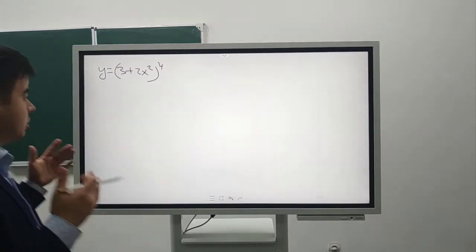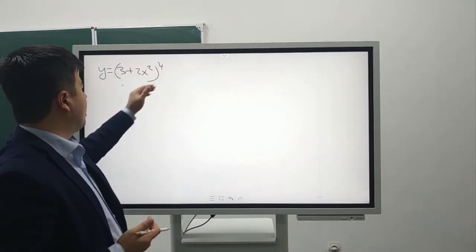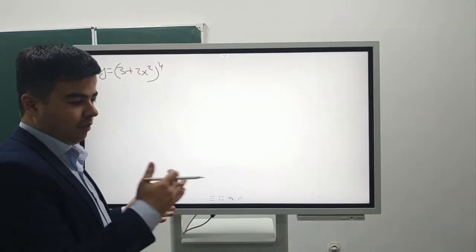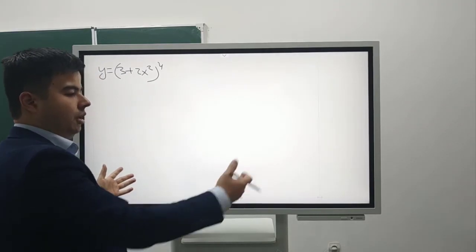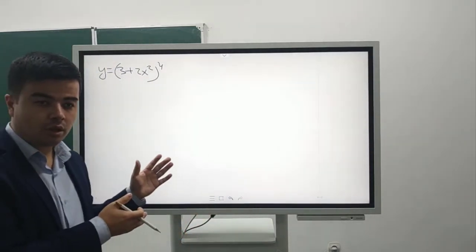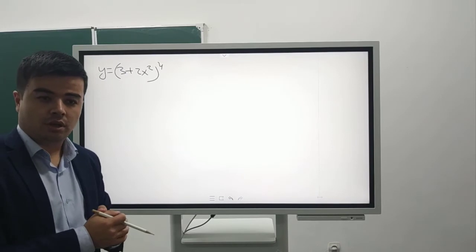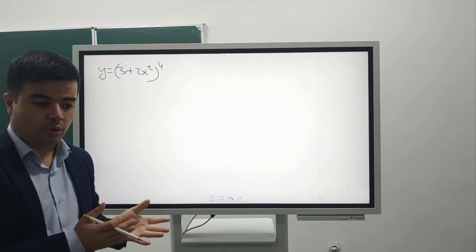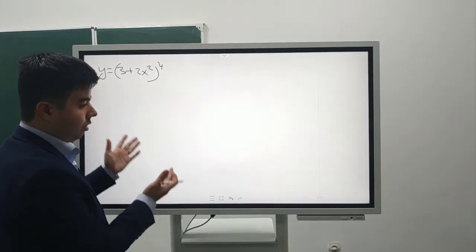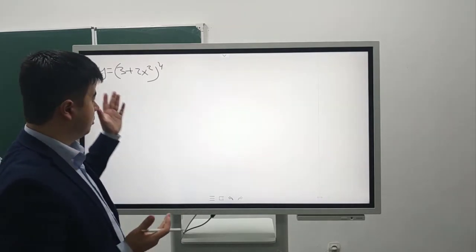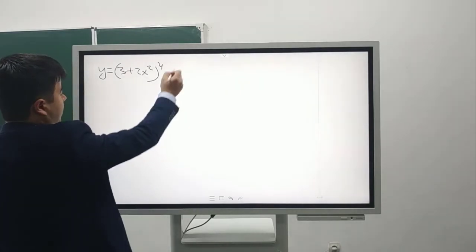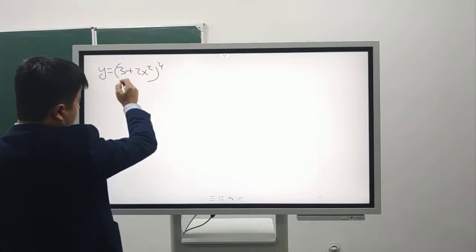We can do this example by finding the fourth power of this polynomial, and then finding the derivative of each term. Yes, of course we can do it, but it takes time. If we use our rule for composite functions, this is very easy. So here we have the first function, I said, the power function. The second function is this one.